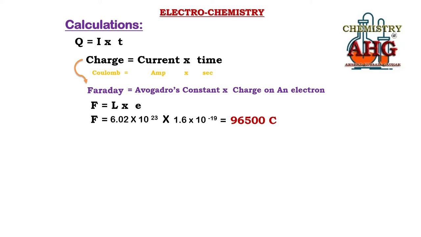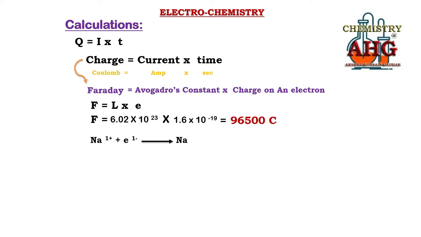The second thing you must remember is how we can relate this much charge with oxidation and reduction equations. As I told you, 1 Faraday is the charge carried by 1 mole of electrons. If you look at this equation, it is an equation for the reduction of sodium ion. You can see that 1 mole of sodium ion requires 1 mole of electrons to become a sodium atom.